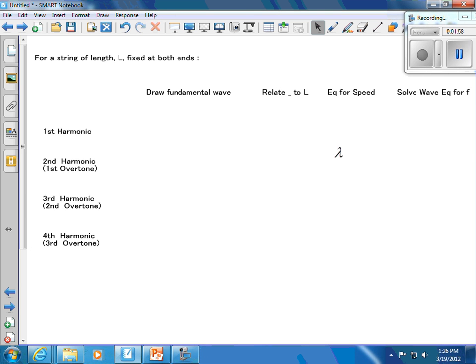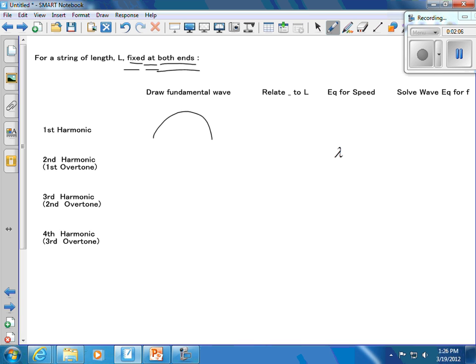For a string fixed at both ends, for the fundamental, you draw 1 football. For the first overtone, or what we call the second harmonic, I'll do this and then erase this black football.